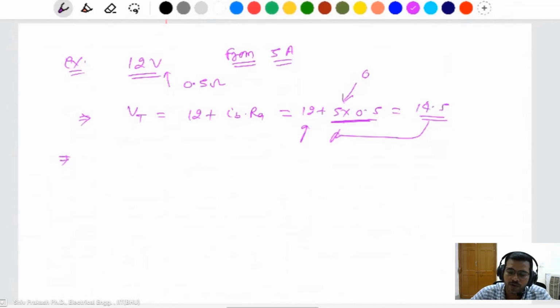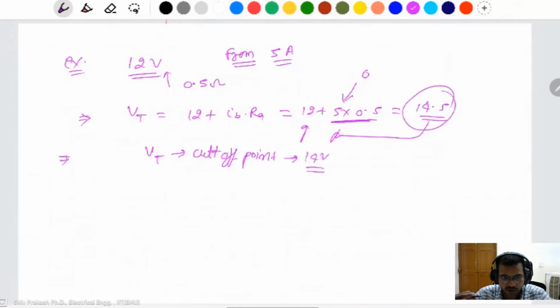Sometimes you set the battery voltage cutoff point, the Vt cutoff point, in the charger, like 14 volt only.